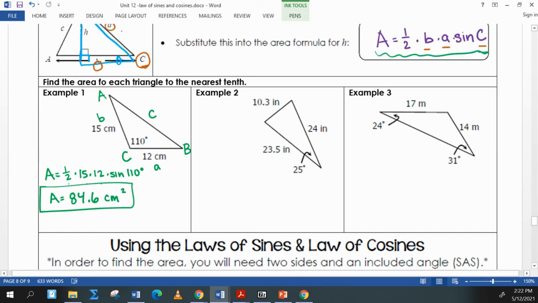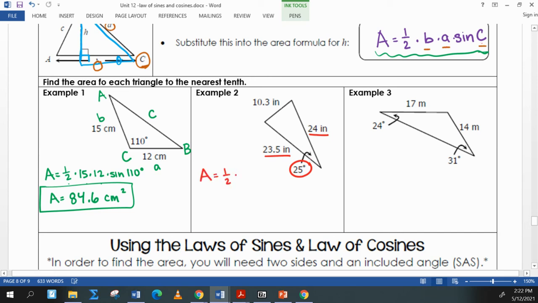Let's try this one. Just as easy. Again, I'm not even going to label my triangle. I'm just going to look at the two sides. I know two sides right there and the angle in between them. Now, please note, I know they gave you 3 sides, but you have to use the 2 sides that touch the angle. Okay, so this one's across from it. If you were to label it, it would have the same letter, and notice none of those are the same letter in our formula. So use the 2 sides with the angle in between them and just plug them in.